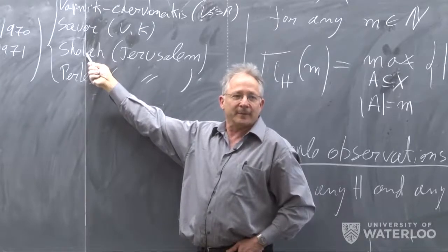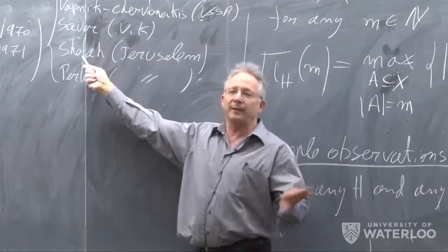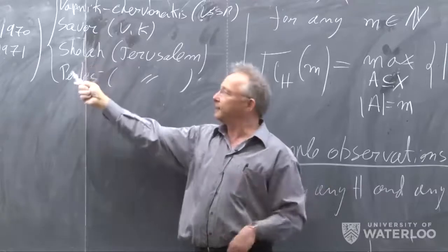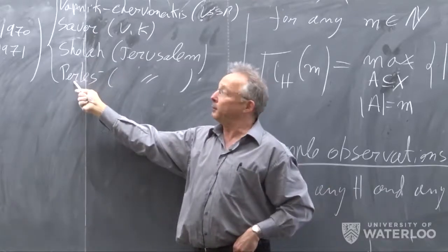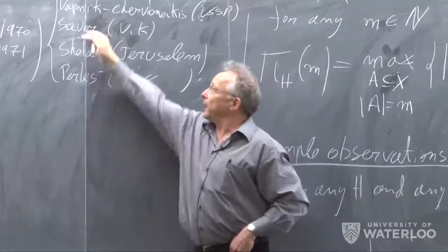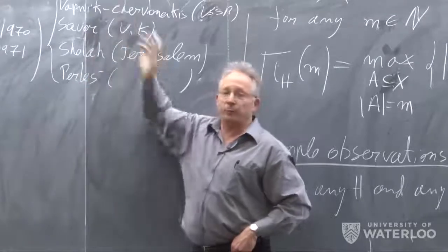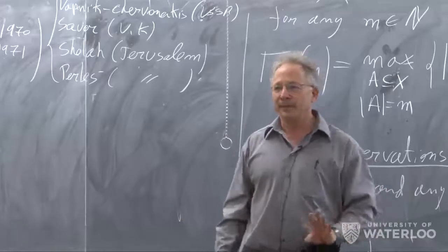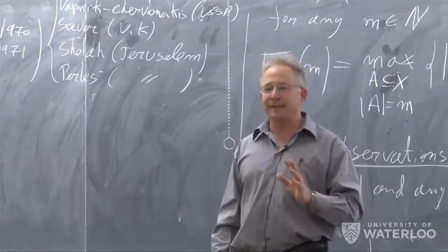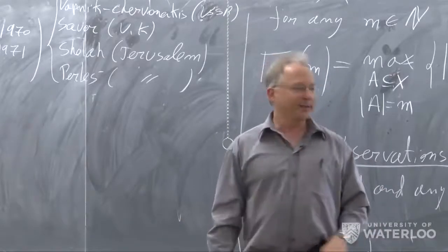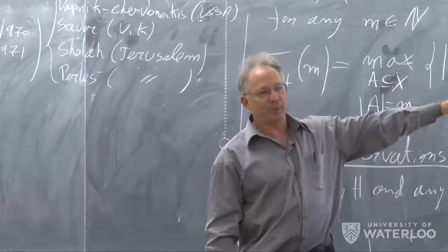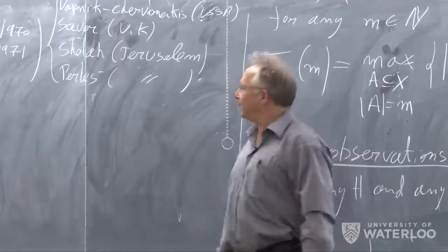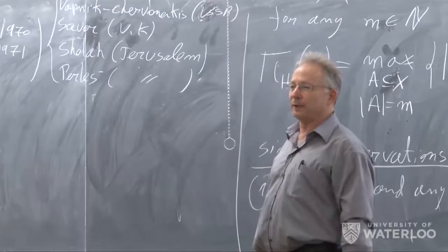I will not tell you what model theory is, but it's completely unrelated to combinatorics or statistics. And Perles was also doing combinatorics. So these two have a similar interest, but the others have completely different interests. And all of them at the same time discovered the same lemma. See how much of a teaser I gave you about this lemma: it gives you this exponential-polynomial duality, and there's a nice story about how it was discovered.